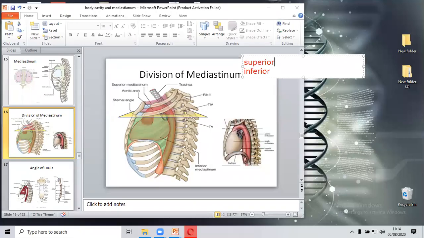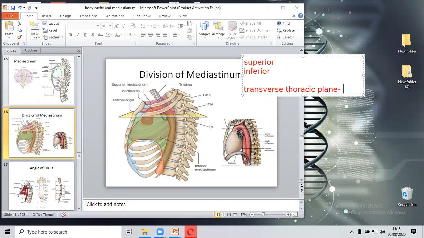This is the transverse thoracic plane. Don't get confused with the plane of the thoracic inlet. That plane of the thoracic inlet is different; it lies here almost. This is the transverse thoracic plane, and this is different.